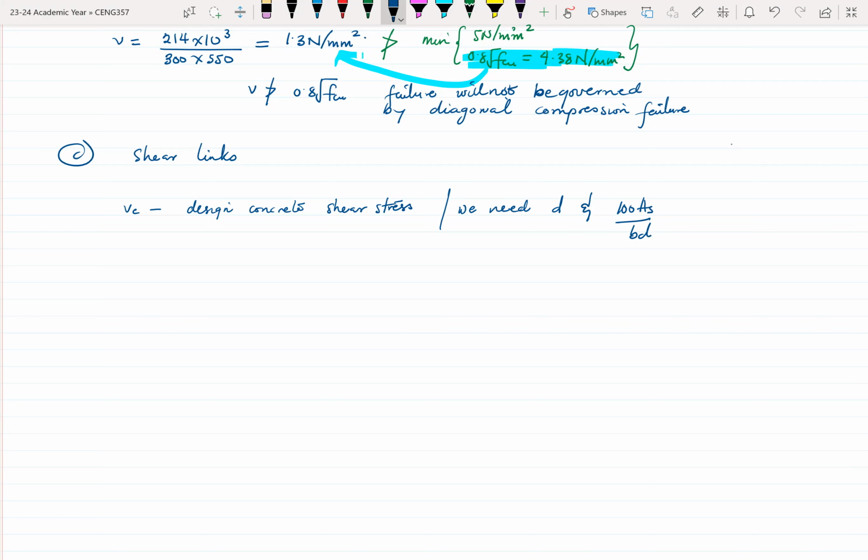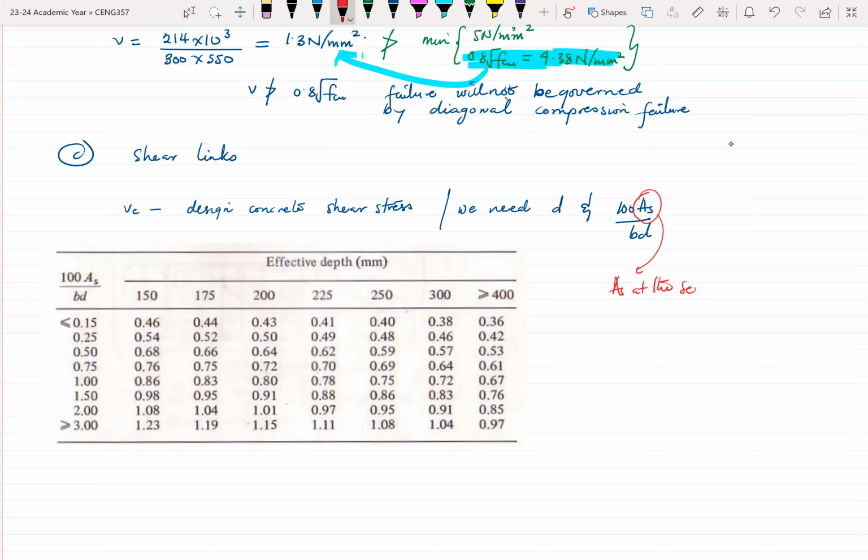And the AS over here is the AS at the section we are looking at.